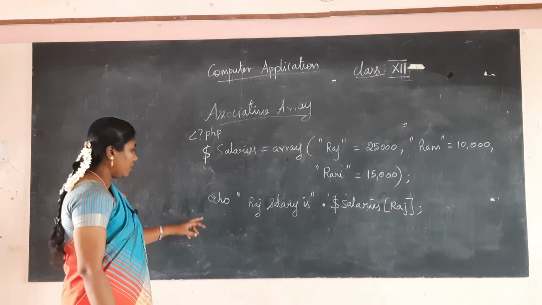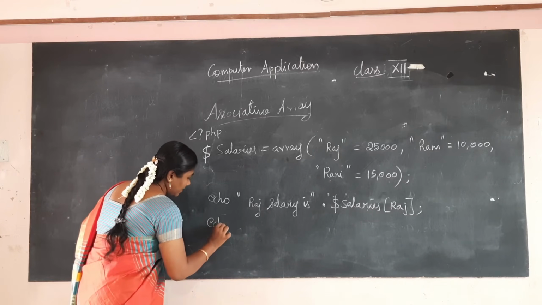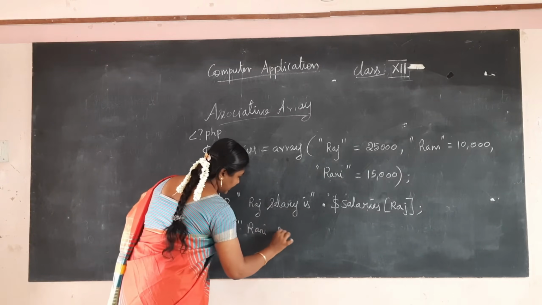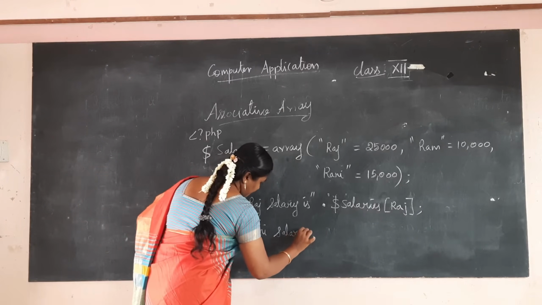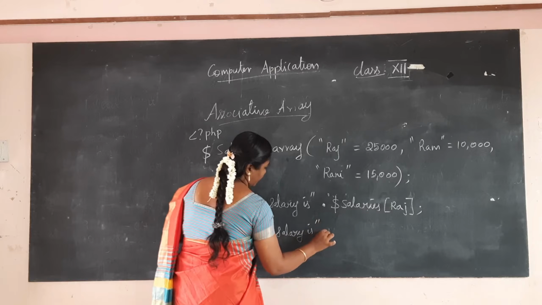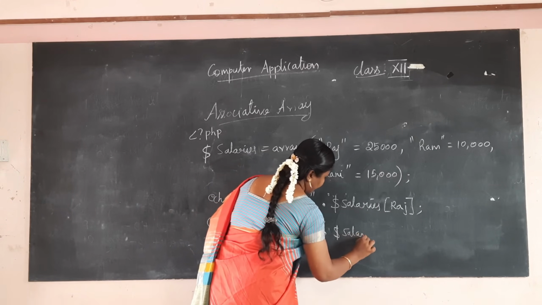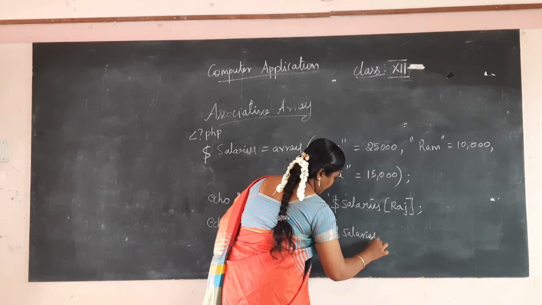Okay. So now if I want to print another one, echo Rani's salary is dot dollar salaries. Salaries is a variable name or the array name.